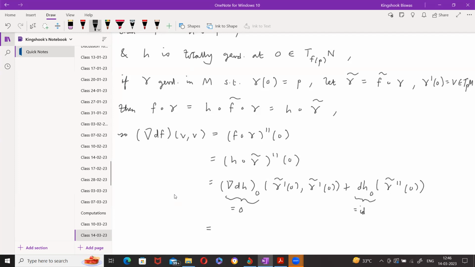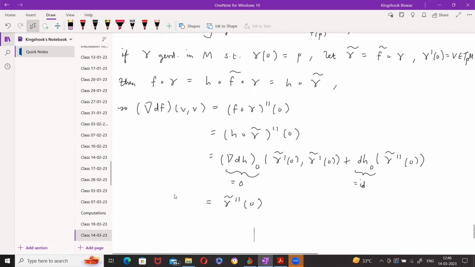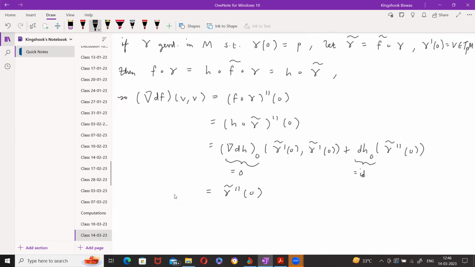So this becomes just gamma tilde double prime of 0. And gamma tilde was F tilde composed with gamma, so this becomes F tilde composed with gamma double prime of 0.